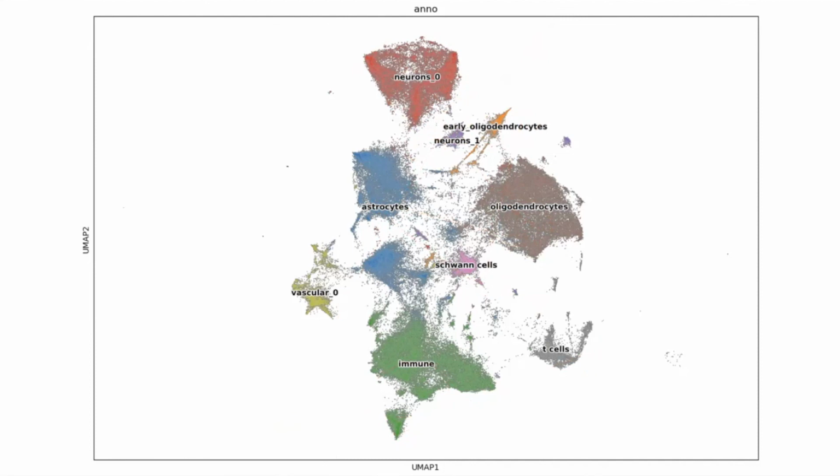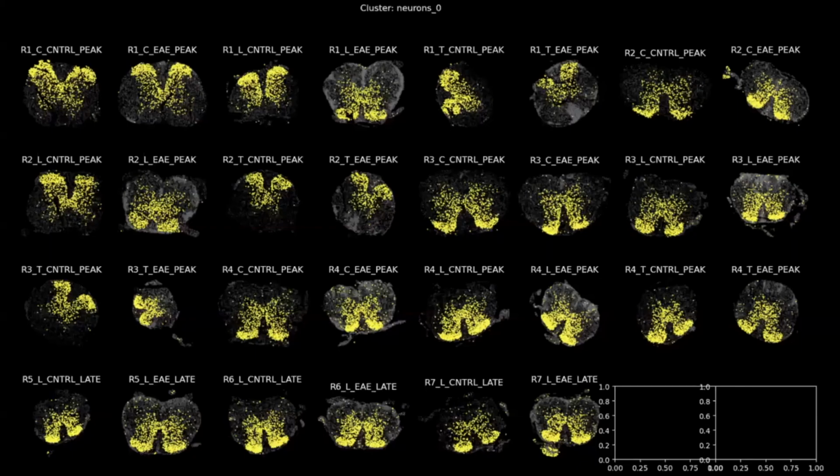Because that is what we're, in essence, very interested in, because we want to see what happens over time. So this is one example. This is looking at what we define here as the primary neurons, or the first neurons, and just to decode this for you, R stands for round. So round 1 would be the first collection of experiments that we have, and then 2 would correspond to round 2, etc. Then C stands for cervical, which is a region of the spinal cord.